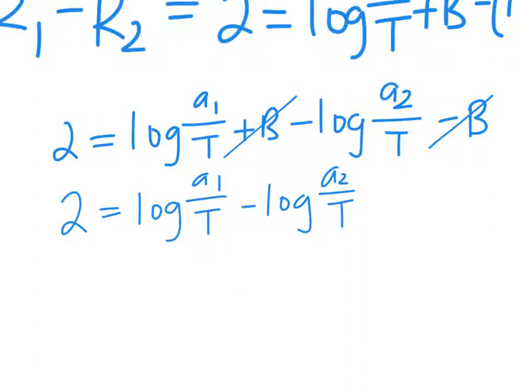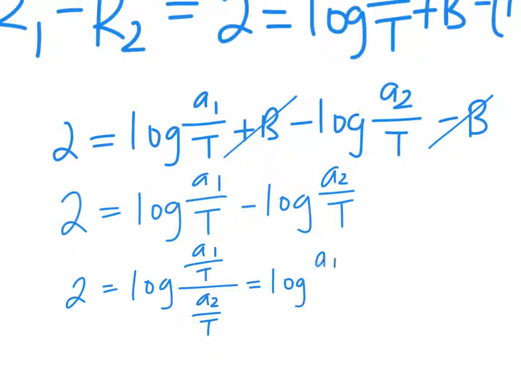So I'm going to combine the logs together. So it's a minus, which means divide. Log of A1 over T over A2 over T. This is the same as log of A1 over T times T over A2. The T's are going to cancel. So you can see that log of A1 over A2 is equal to 2.